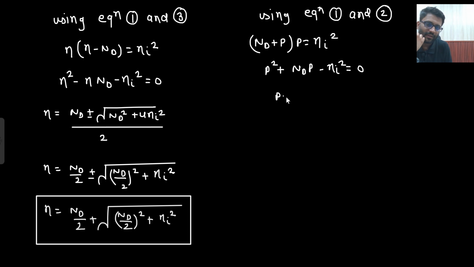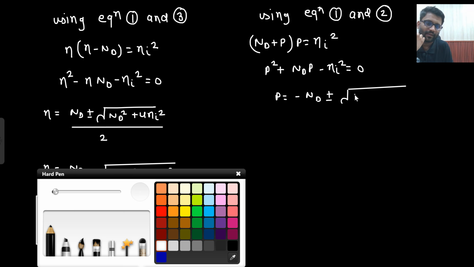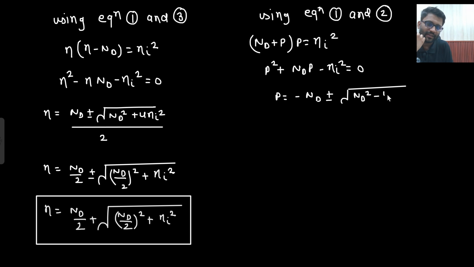So what will be the value of p? Minus b plus minus under root b square minus 4ac. So this will become plus upon 2a.